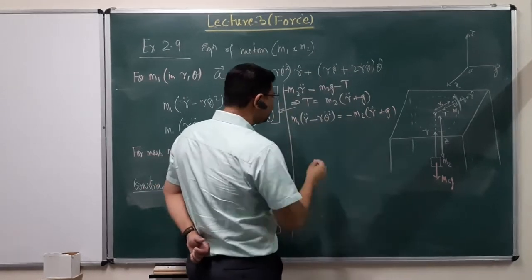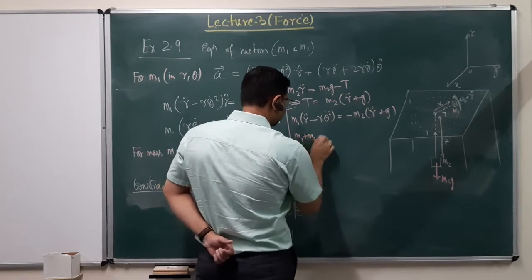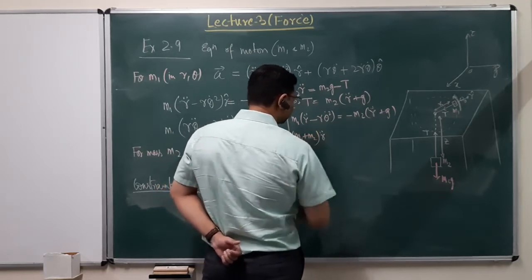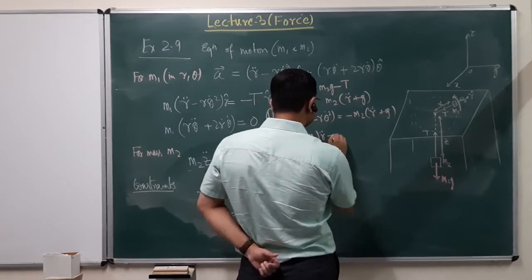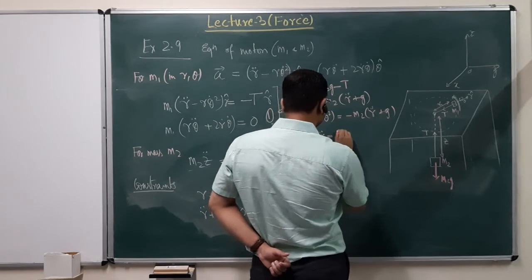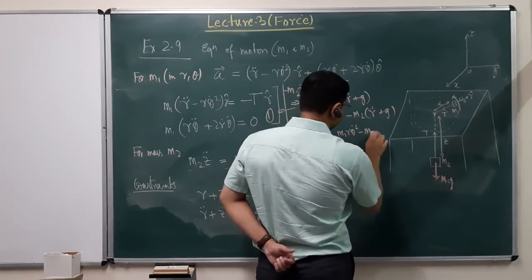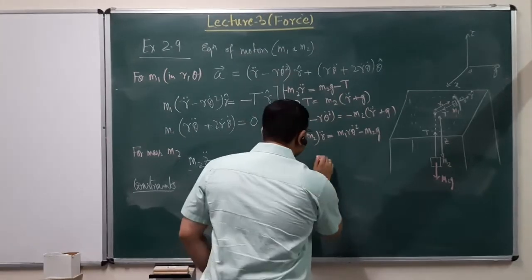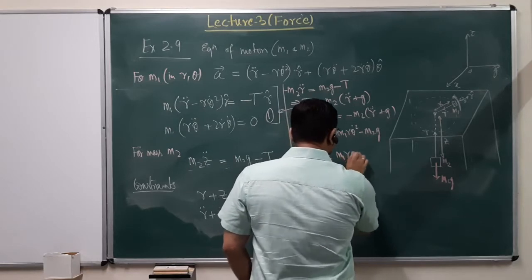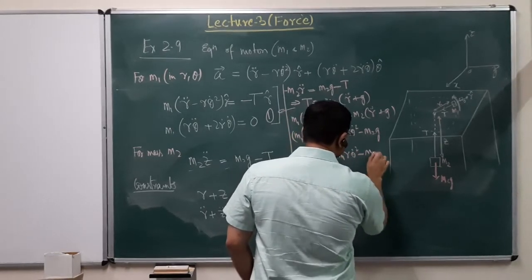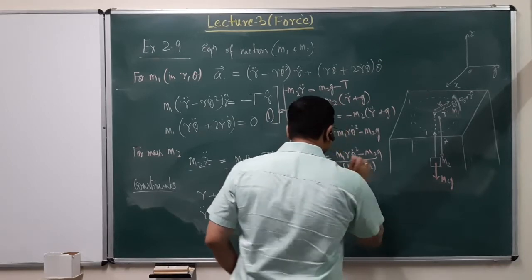And now we can solve this. You can take the terms of r double dot common on one side, and similarly this goes on that side. So this becomes plus m1 r theta dot square minus m2 g, and this way r double dot is simply (m1 r theta dot square minus m2 g) over (m1 plus m2).